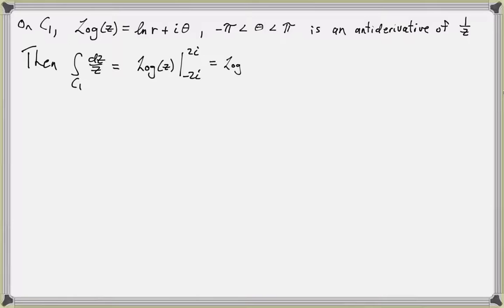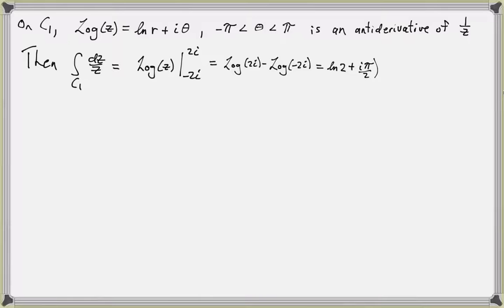principal log of 2i minus log of minus 2i, and when we evaluate this, this works out to the natural log of 2 plus i times the argument of 2i, which is pi over 2.